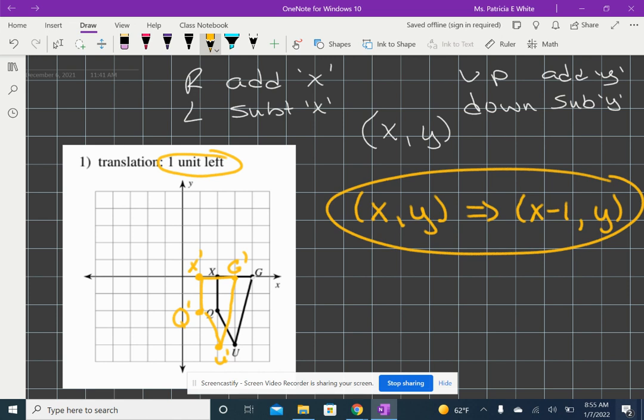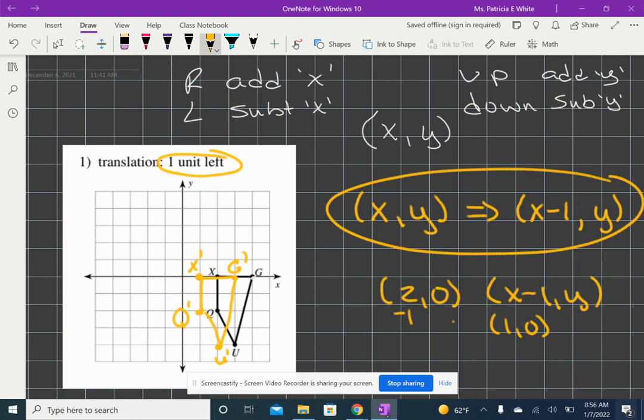Okay? And you can see x on the pre-image is 2, 0, and x prime is 1, 0. So if I had the coordinate 2, 0, and I did x minus 1, comma y, then I would have 2 minus 1, and the y stays the same, and that gives you 1, 0.